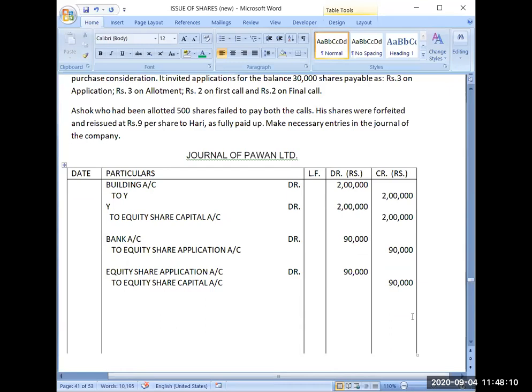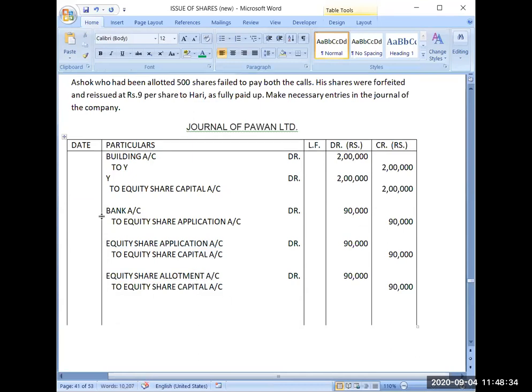Now next, equity share allotment will be due, and that is also rupees 3 per share. So equity share allotment account debit to equity share capital account, and then you will receive this 90,000 also.